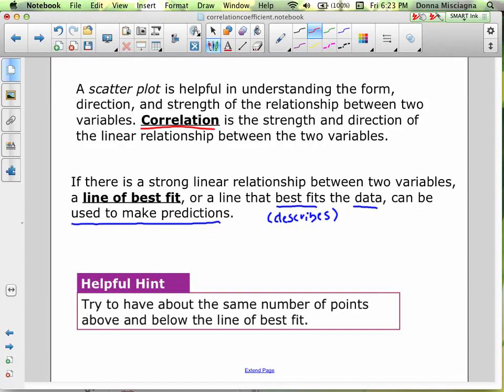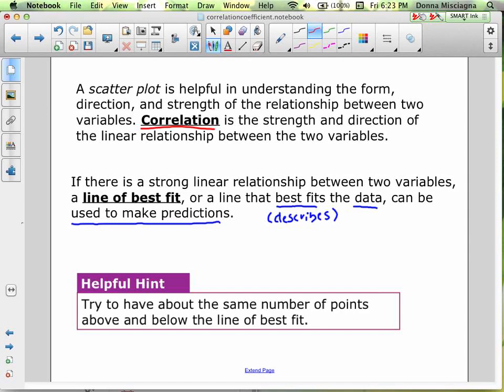We can have different types of regression. We're going to be working with linear regression. We're going to be working with data that's best described by a line. We could have other types of regression as well. We could have quadratic regression where the data points follow a parabola, or we could have exponential regression where it follows an exponential curve, or it tends to increase, where the rate of increase is increasing as x increases.